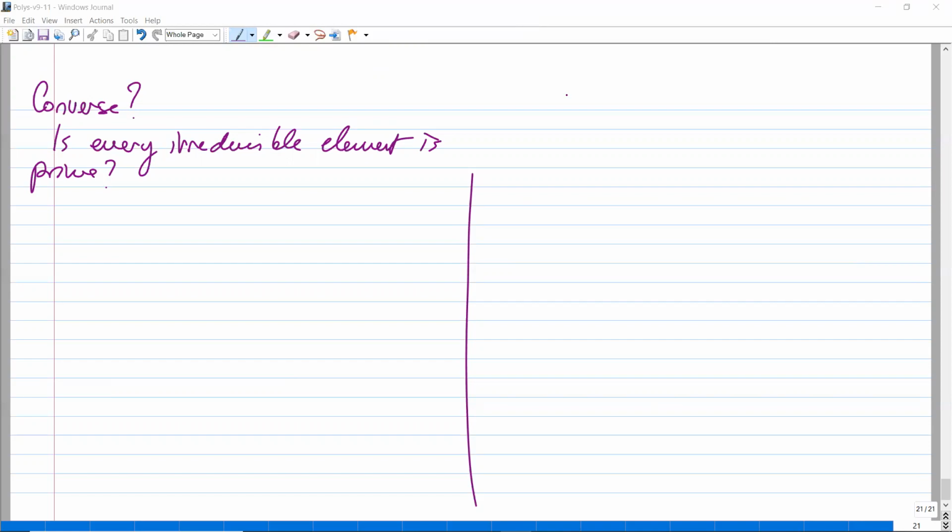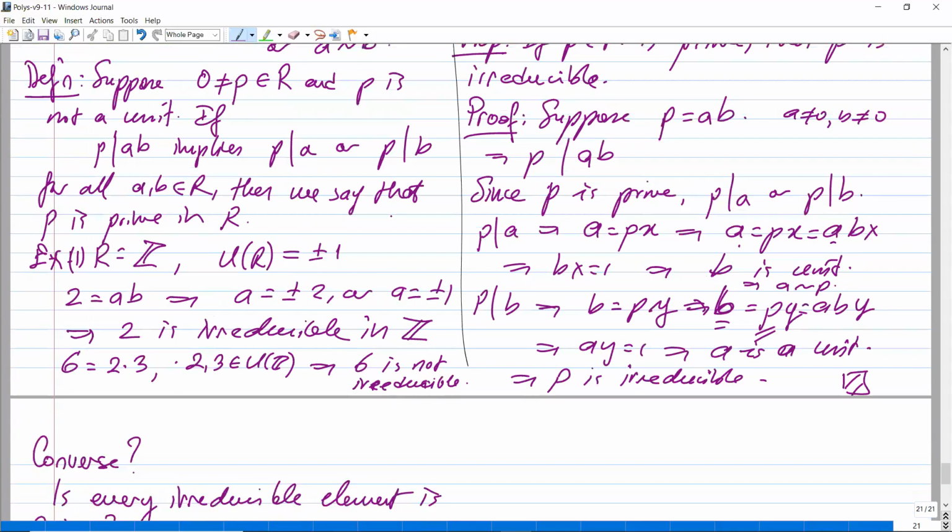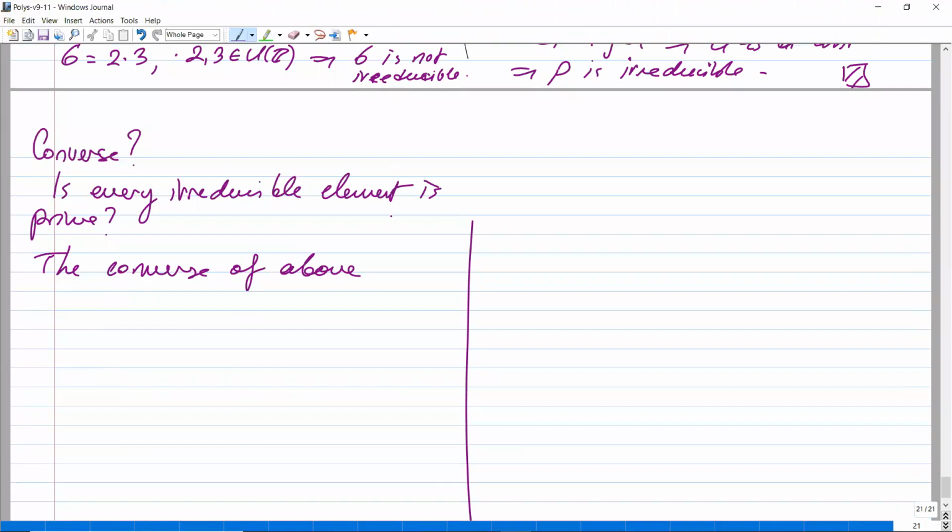Let me finish here. I will give an example where this is not true. The converse of the above proposition is not true.